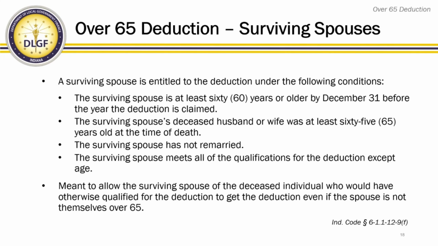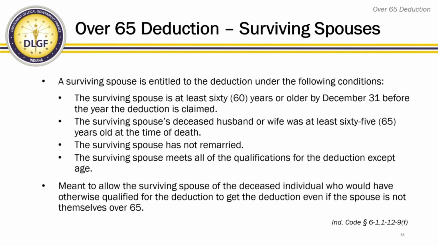So a surviving spouse of a taxpayer is also entitled to the deduction, even if the spouse is not themselves at least 65 years old, under certain conditions. First, the surviving spouse is at least 60 years old or older by December 31st of the year before the deduction is claimed. The surviving spouse's deceased husband or wife was at least 65 years old at the time of death.